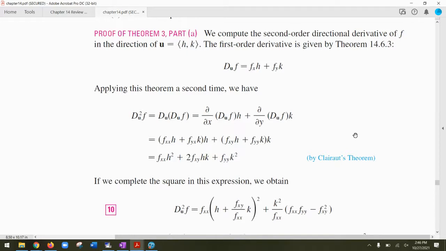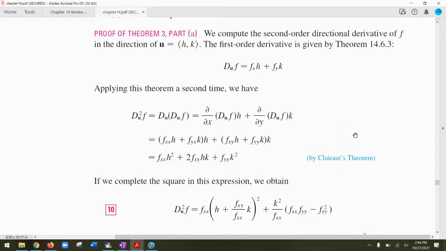So applying this theorem a second time, we have that the second order directional derivative is the derivative of the first order one, which is the first component of the gradient of the first directional derivative and the other one. Okay, that's fine. And so how do they go from there to there? Does that make sense to us? Oh, sure it does, because look what we're dealing with.